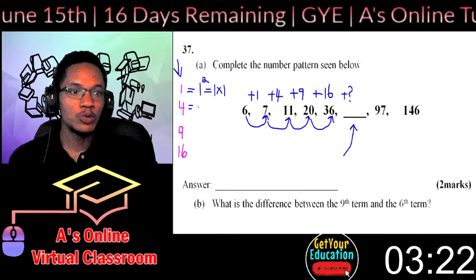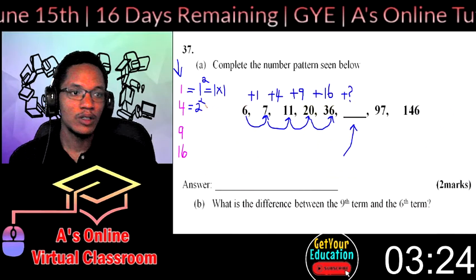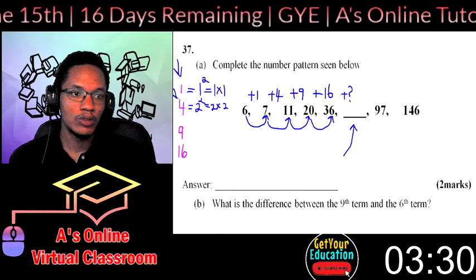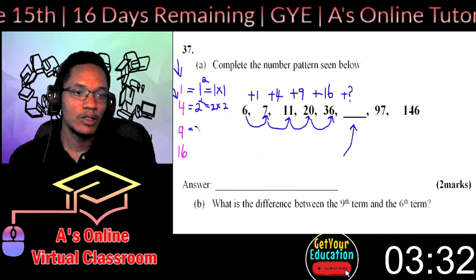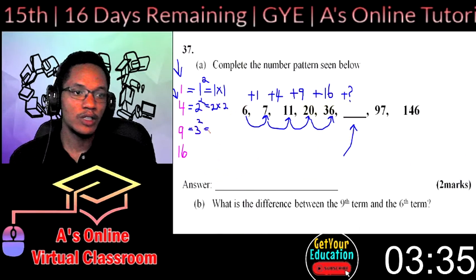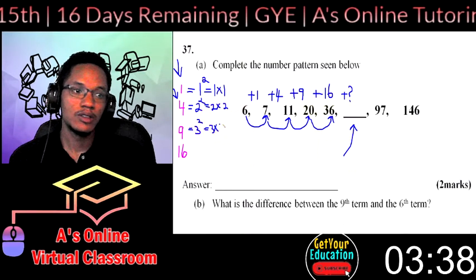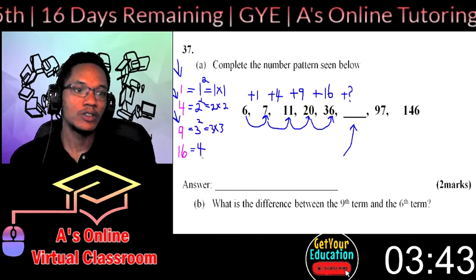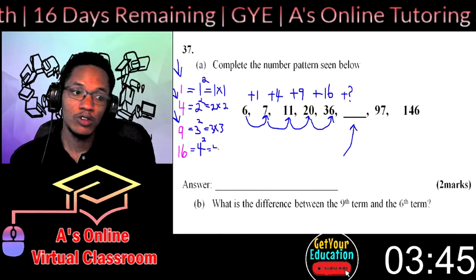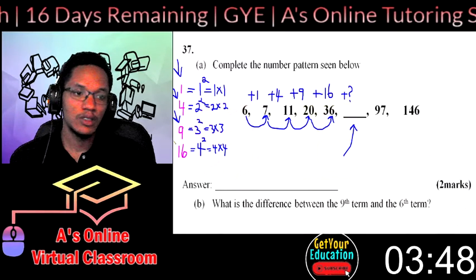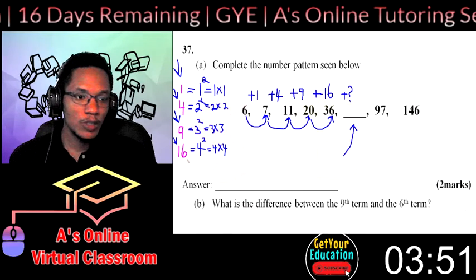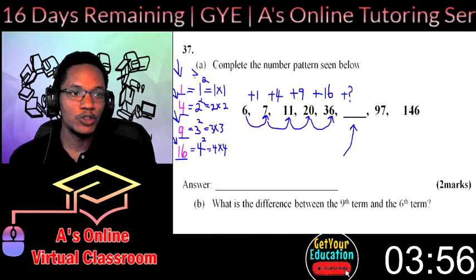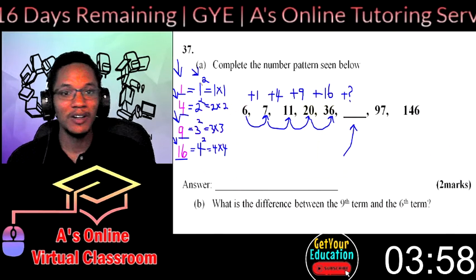If we take 2 and we square it, which is 2 times 2, we get 4. If you take 3 and you square it, which is 3 times 3, you get 9. And if you take 4 and you square it, you get 4 times 4, which is 16. So these numbers are called square numbers because they are what you get when you square a number.